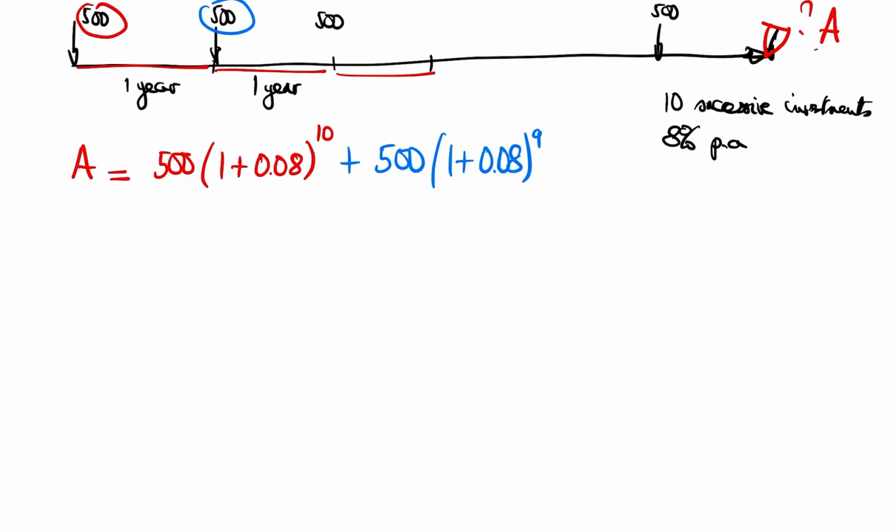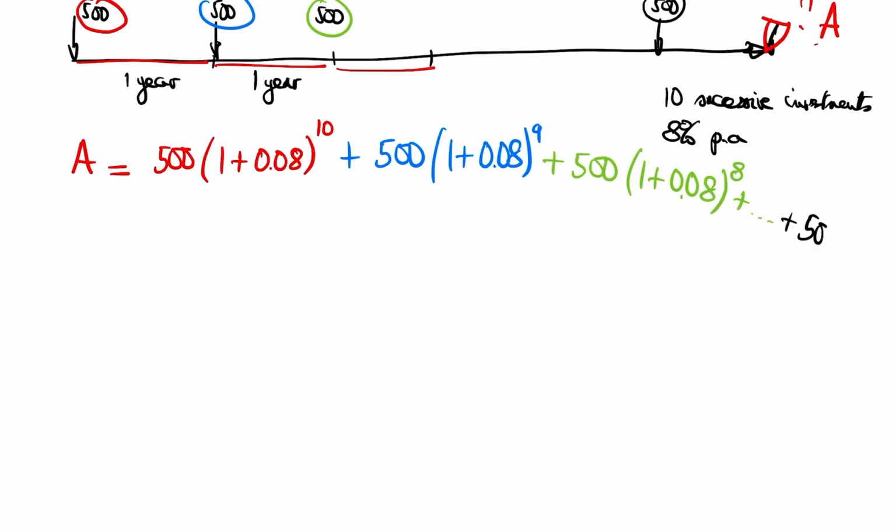And then there is the green one, which instead of running over 9 periods, runs over 8 periods, and so on, until the very last one, the black one, which runs over only 1 period, so it's 1.08.